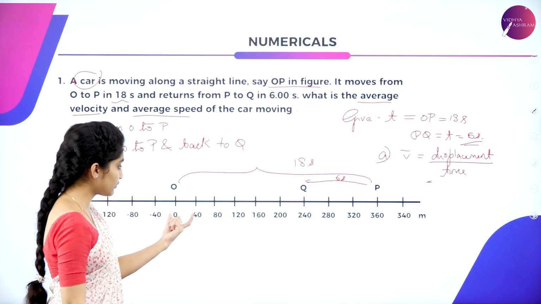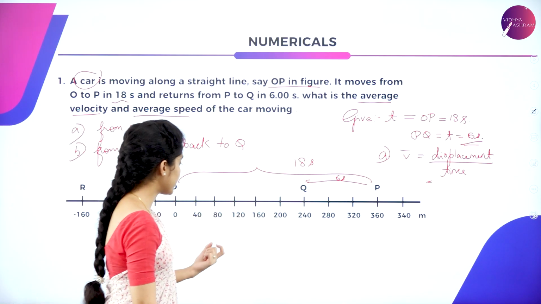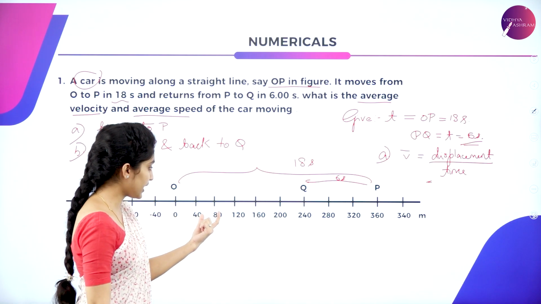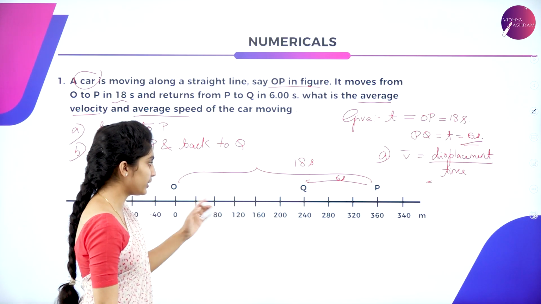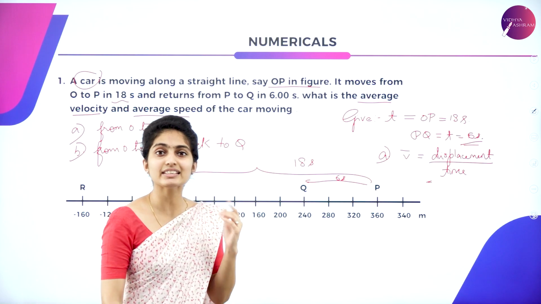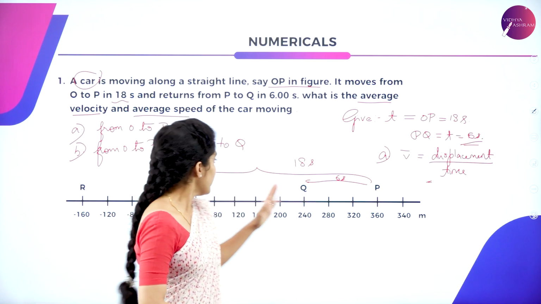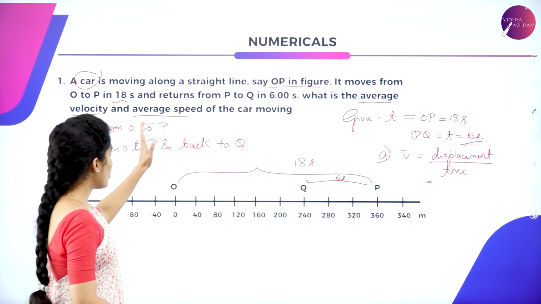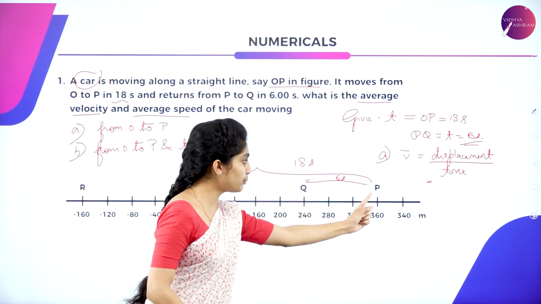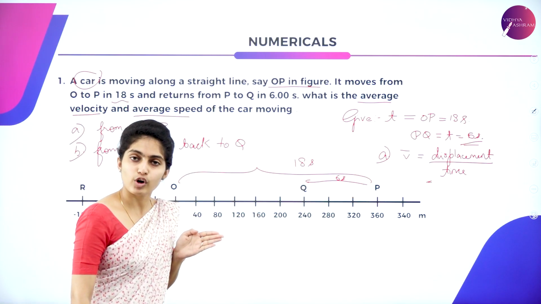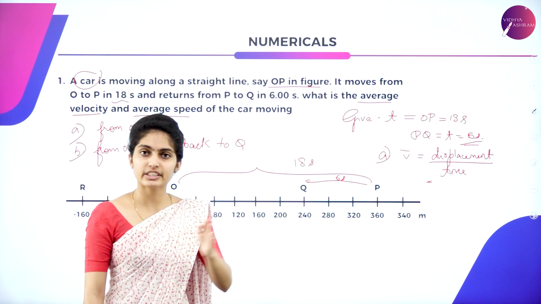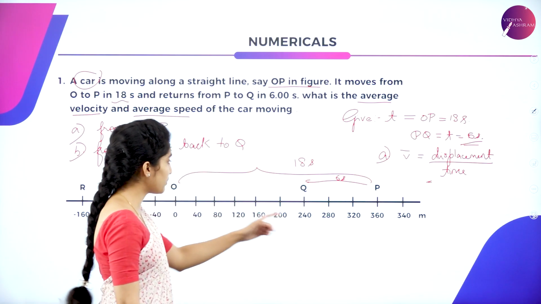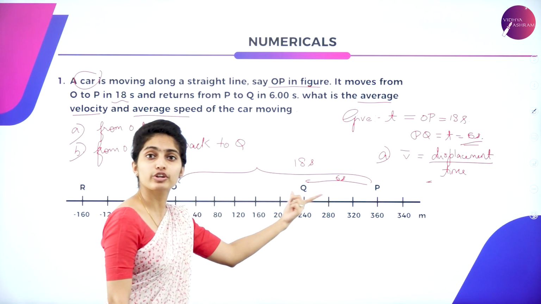The differences are 40, 40, 40, 40. So 40 plus 40 is 80, 80 plus 40 is 120. For the first question from O to P, the displacement, because it is following a straight path, not any curved path, it's a straight path, so that itself will be the shortest distance.